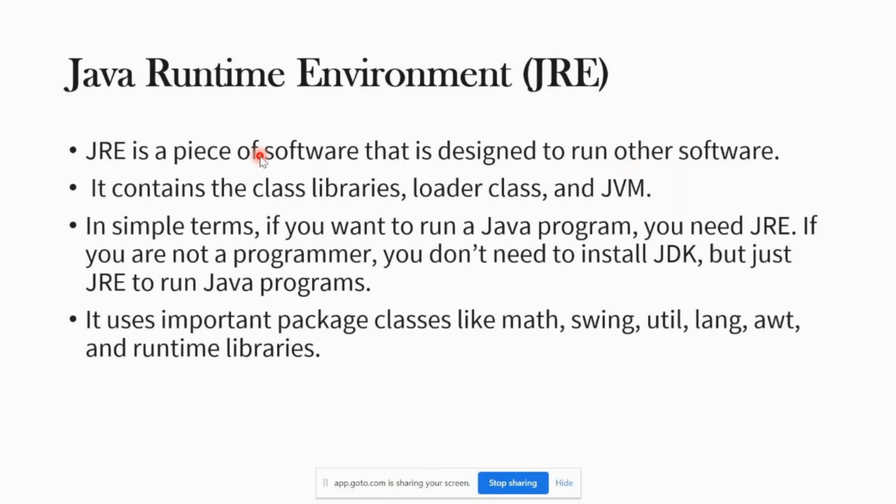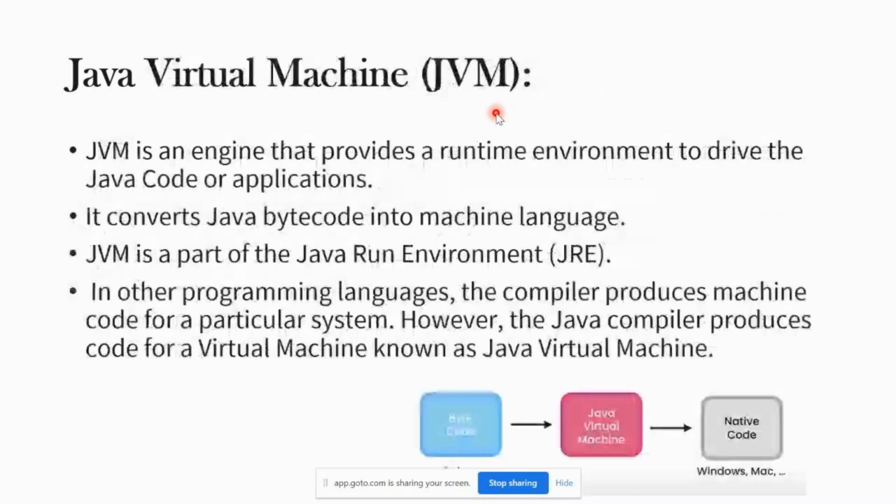It is creating a friendly environment for the software to run. What is a friendly environment? There are some libraries and class files needed. Who is going to provide them? JRE will provide. So we need Java Runtime Environment.